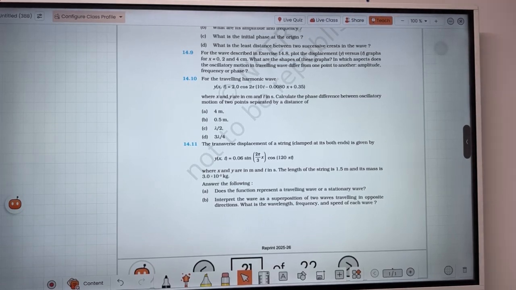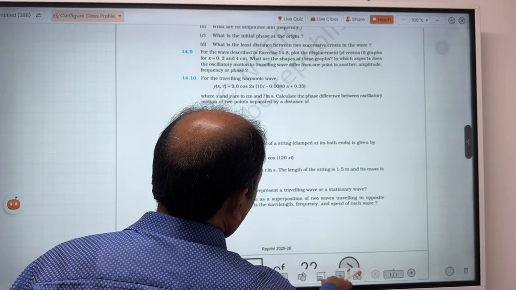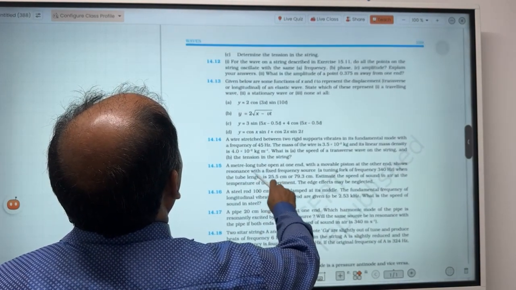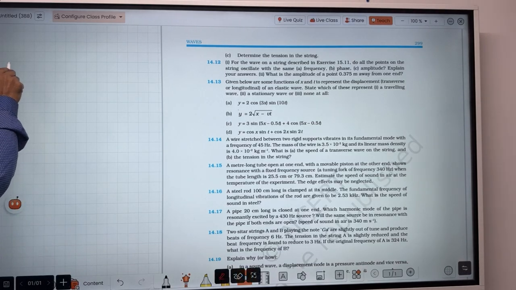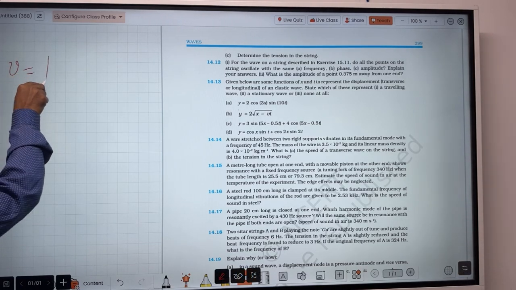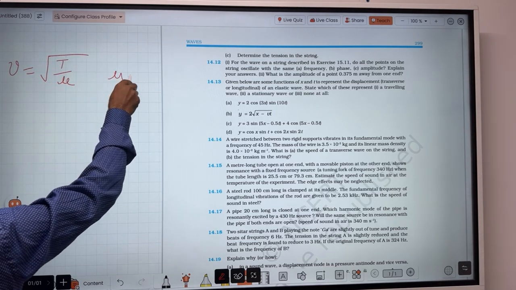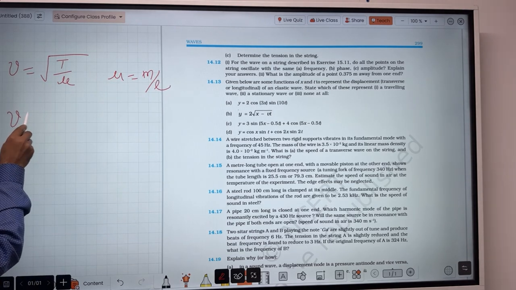Now one more part is there in the question: what is the tension? If you observe, the last part says you have to find out the tension in the string. In order to find tension, what do we need? We have the formula velocity equals root of T divided by mu, where mu equals mass per unit length.